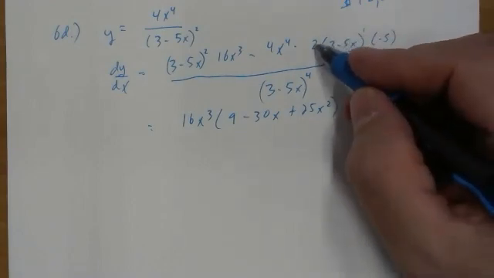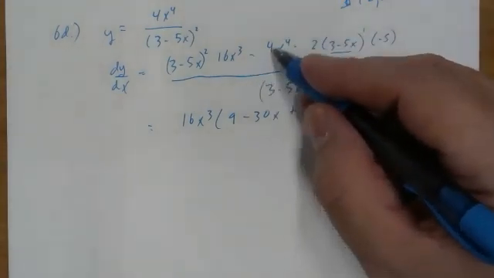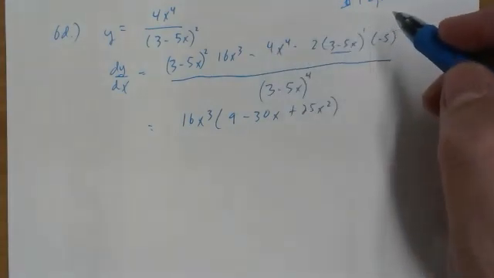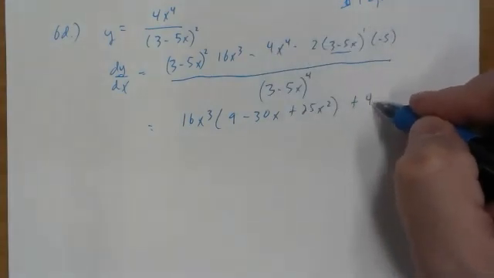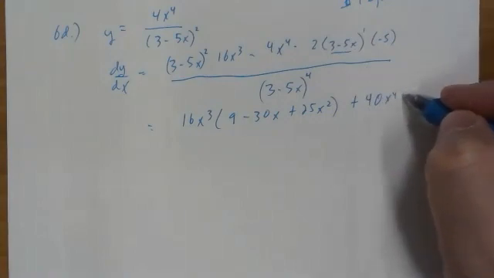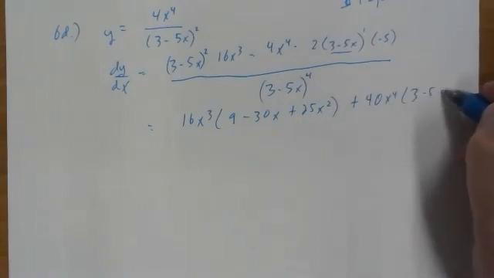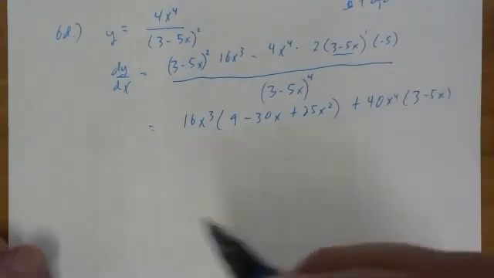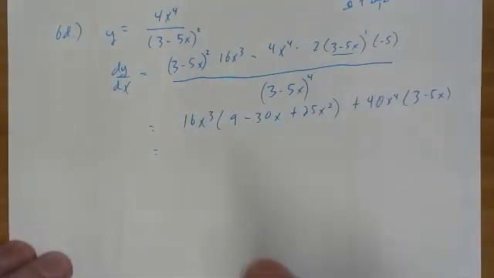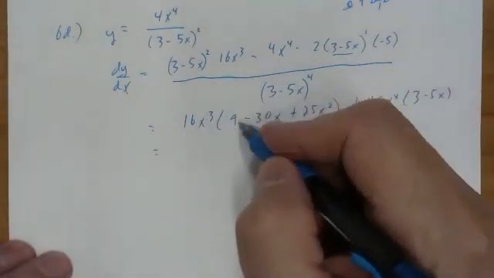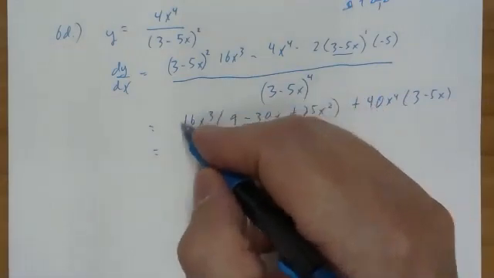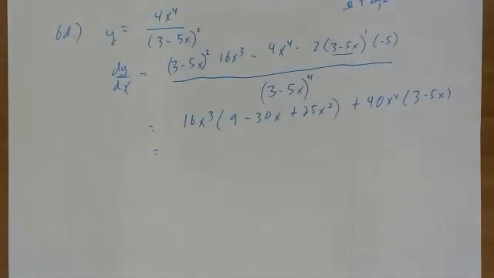Minus 5 times 2 is minus 10 times minus 4, 40x to the fourth, 3 minus 5x. Multiply out these parentheses. So I want to just see what kind of answer the key has. Yep, tried to simplify it.